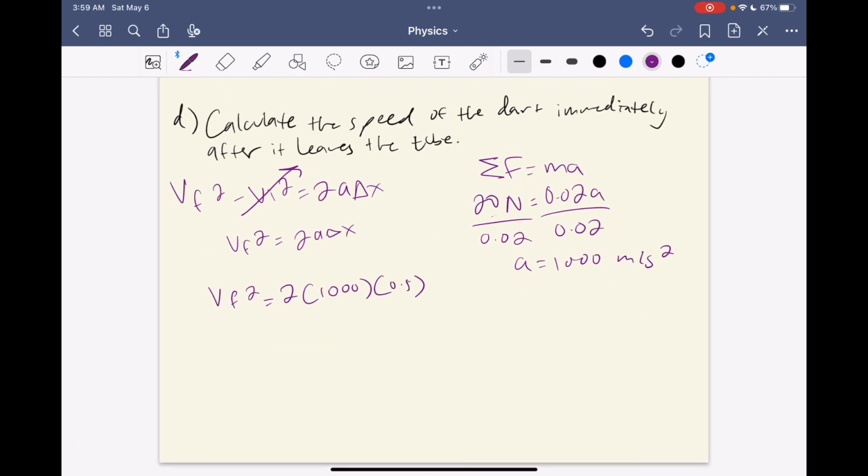So we can multiply the whole thing: 2 times 1,000 times 0.5 is just 1,000. VF squared equals 1,000, and we can square root both sides. And we get a final speed of 31.62 meters per second.